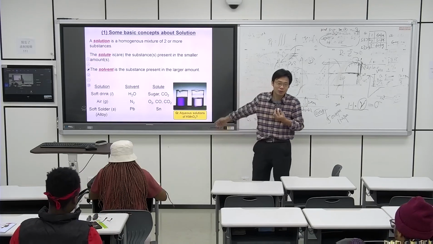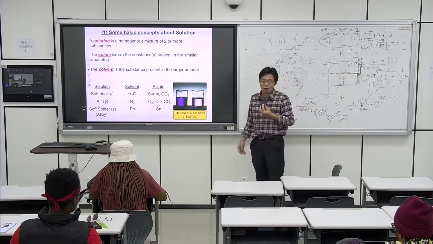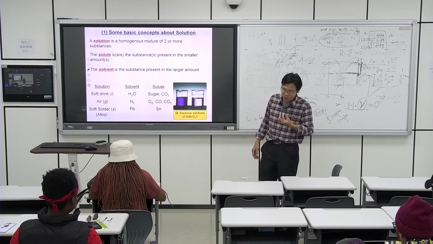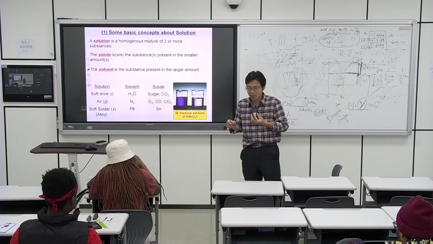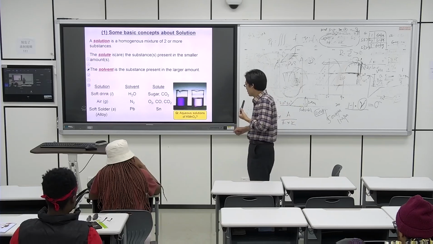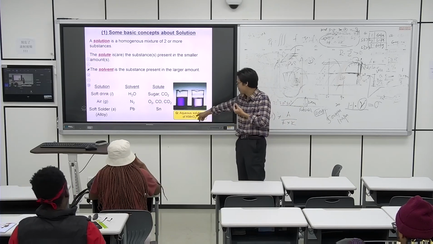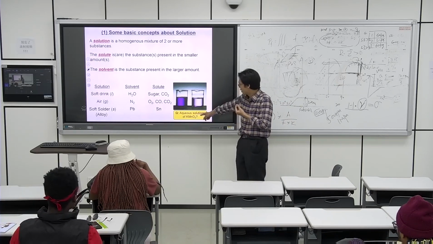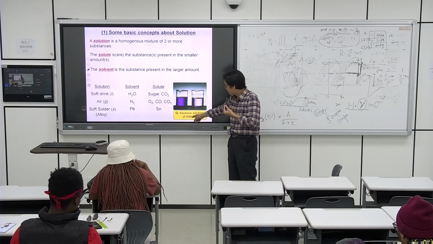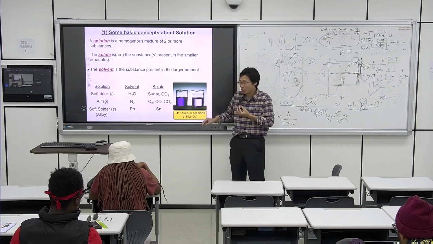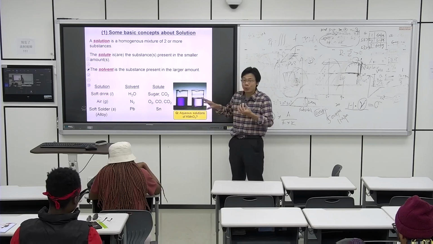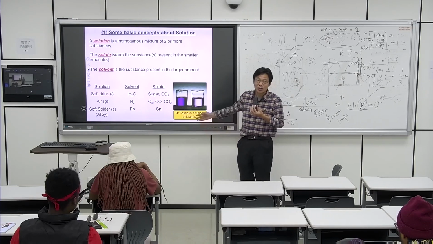You can also take sodium chloride. Sodium chloride solution has three substances. One is water, and in this solution the K and the MnO4 will separate, right? So there are three substances.